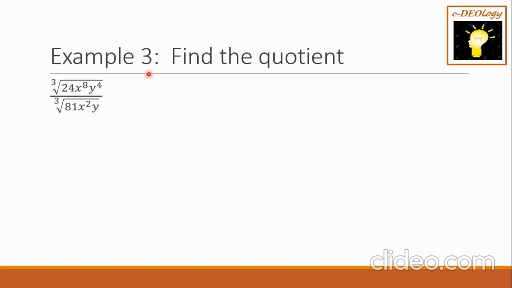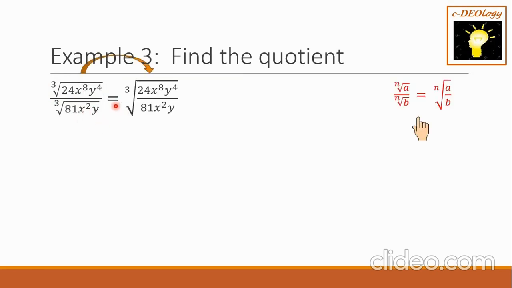Let's have example 3. We have here the cube root of 24x raised to 8, y raised to 4, all over the cube root of 81, x squared y. So we will apply our quotient property. We're going to combine these two radicals into one big cube root.